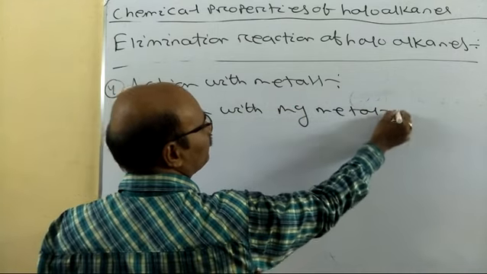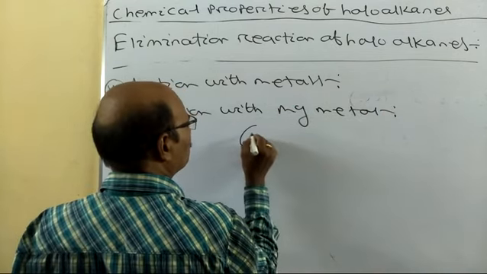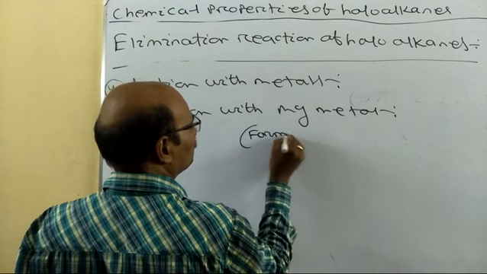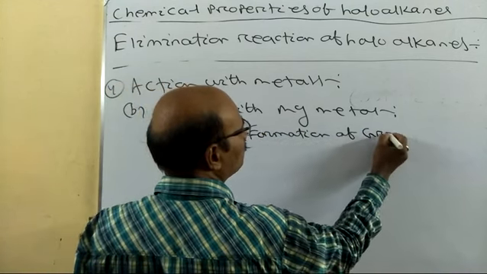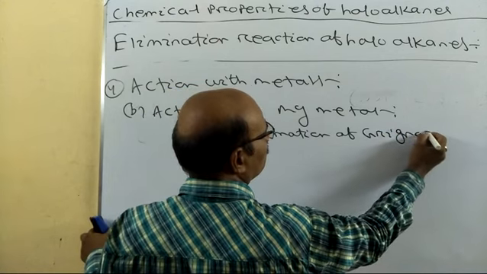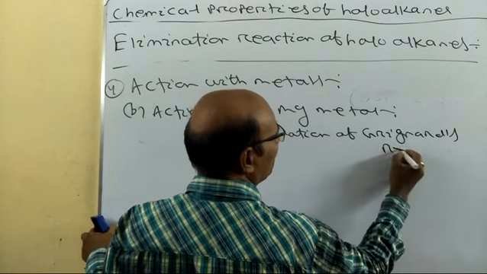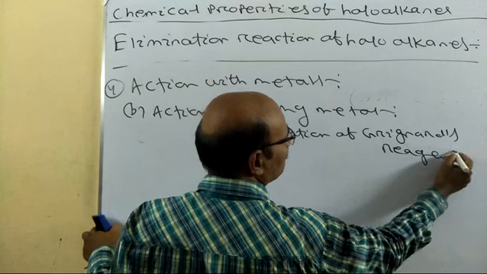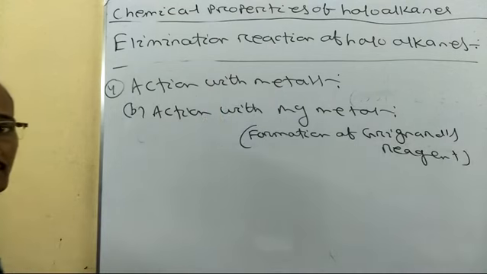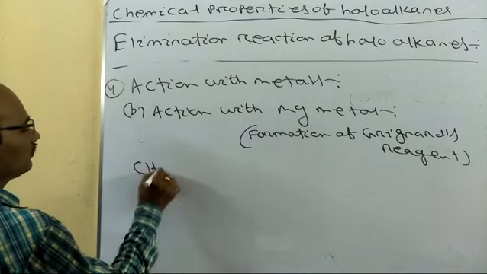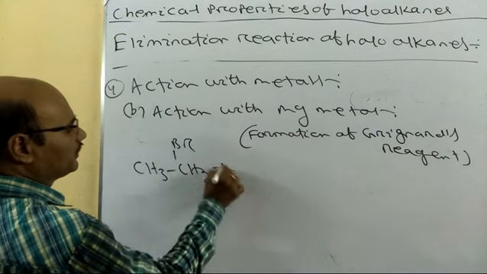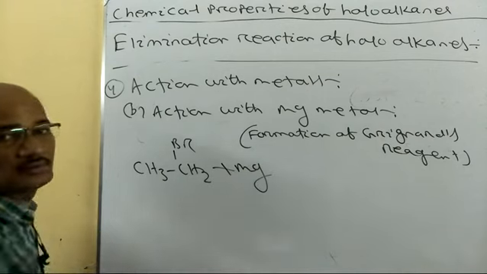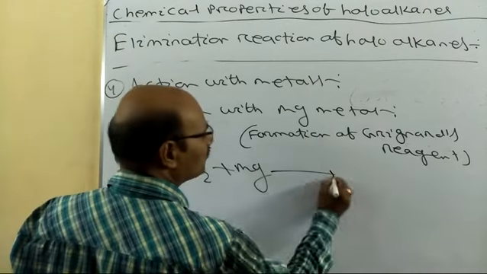Now, magnesium metal: formation of Grignard's reagent. Alkyl halide reacts with magnesium metal in the presence of dry ether.